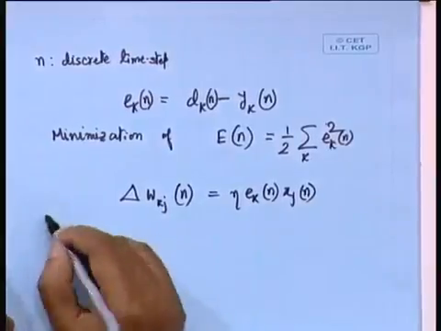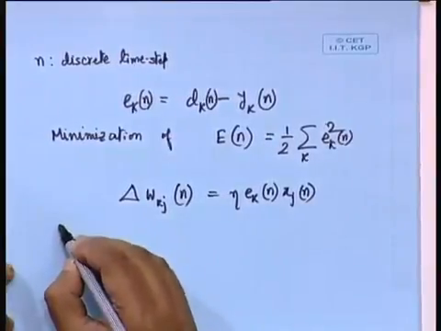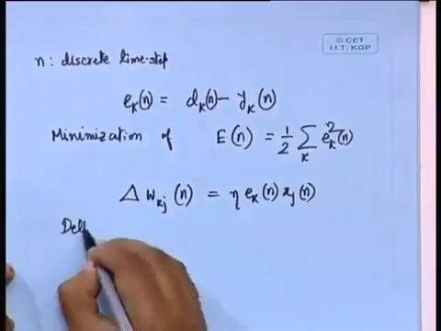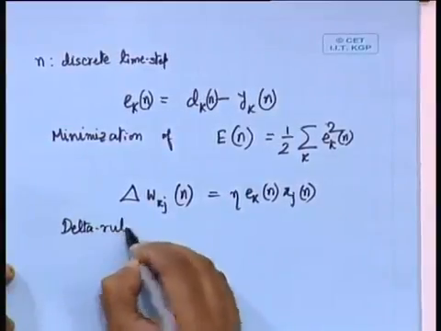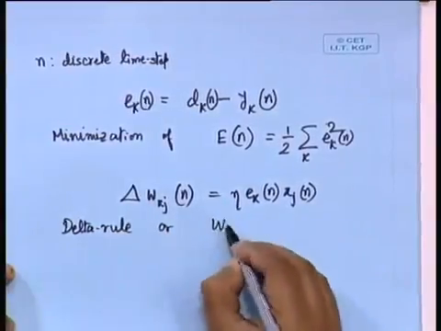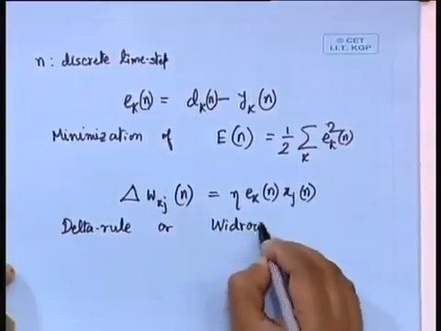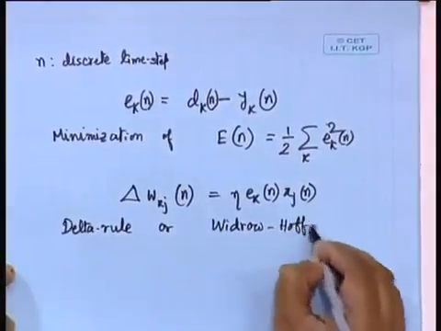And in fact this rule is also often called in the literature the delta rule, or it's also known as the Widrow-Hoff rule.